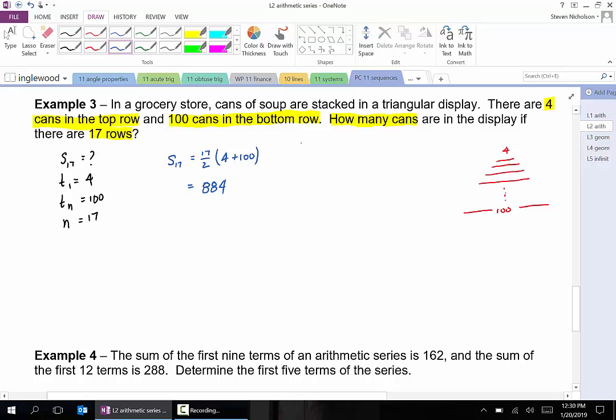I don't know why you'd want to, but you could use the other formula if you determined D. If you determine the common difference using our formula from last day, determine D, and use the other formula, you're going to get the exact same answer, but it's a lot more work. So again, that's why we want to choose the appropriate formula, write down the information we're given.